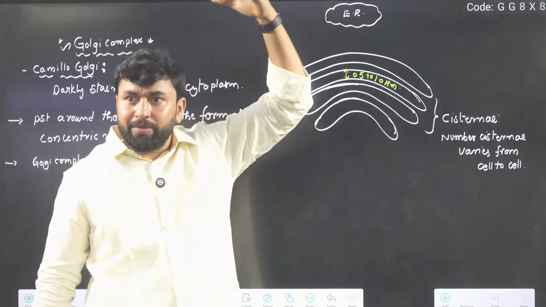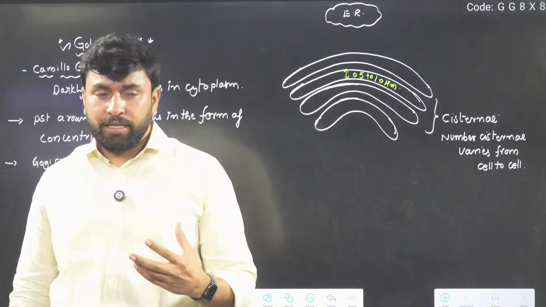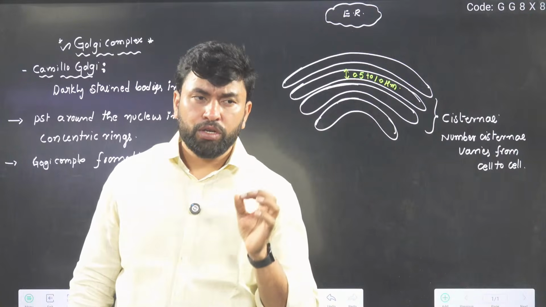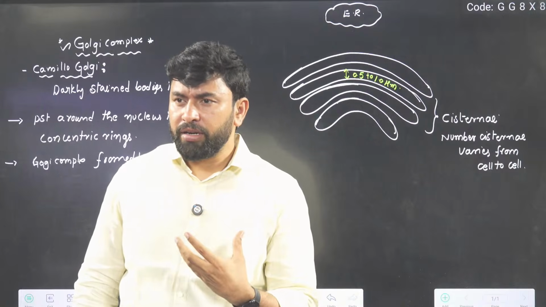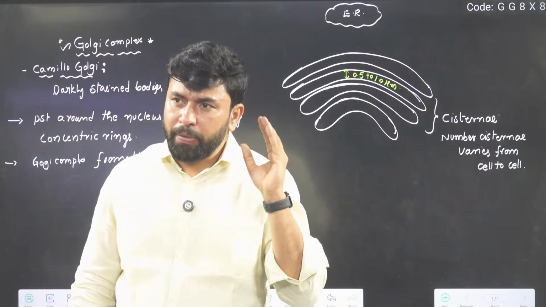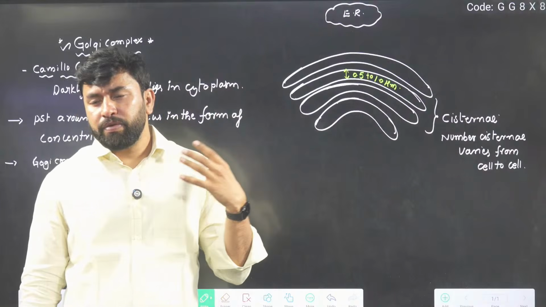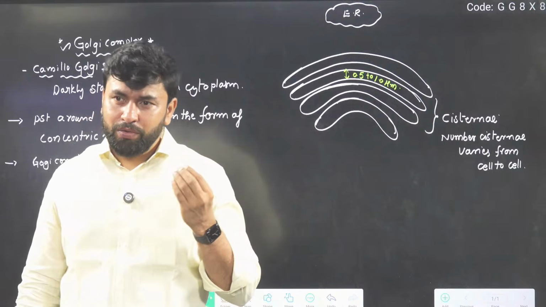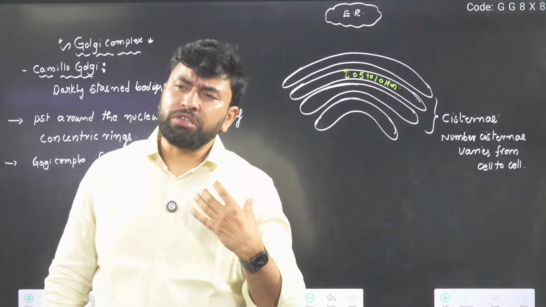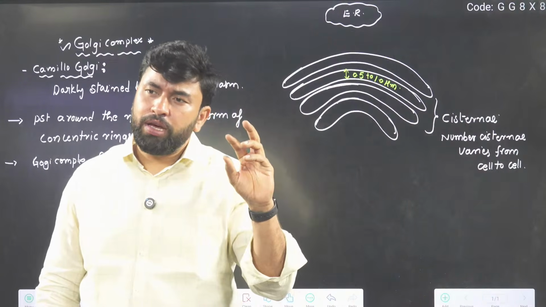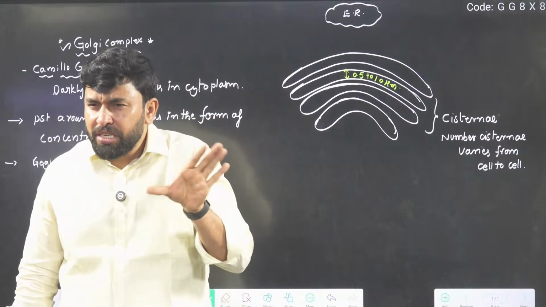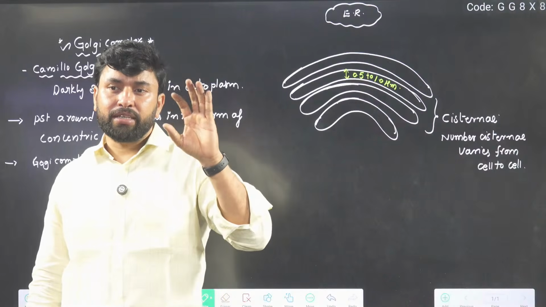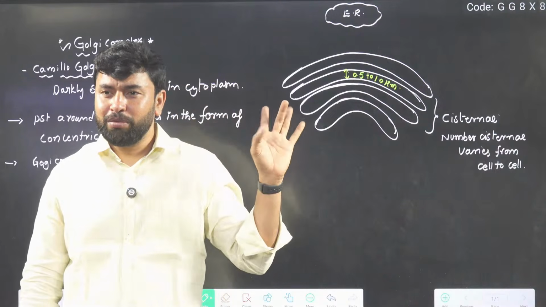That much length could be developed. Got the idea? Cisternae is nothing but stockpiles of tiny tubular arrangement. Each tube will have 0.5 to 1 micrometer in diameter. Like that, if they are stockpiling, the number of stockpiles will vary. Somebody will have 2, somebody will have 4. 2 to 60 tiny tubular arrangements could be there, but generally on an average there will be 4 to 8 tubular structures. That's why I have taken 4.